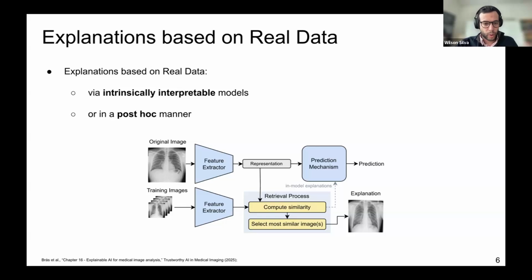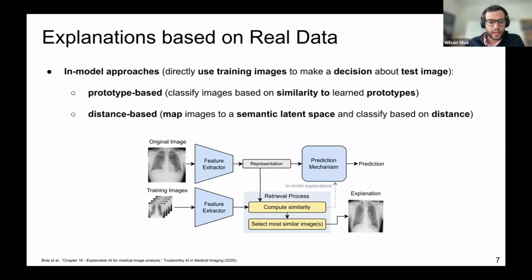Or it can be in a post hoc manner, as for instance the saliency map methods that were presented before, where we train our model to solve a task, and then after we have this model deployed, we want to understand what were the causes of this decision. If it's intrinsically interpretable, we use the training images in the reasoning process to make a decision about a specific case we are analyzing right now.